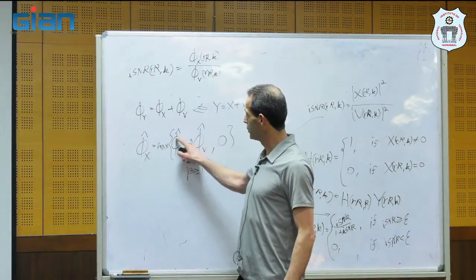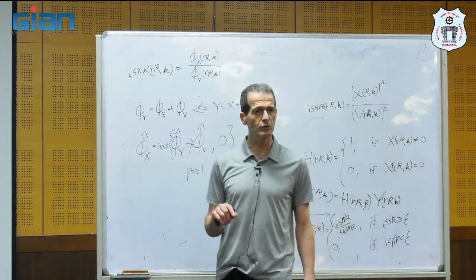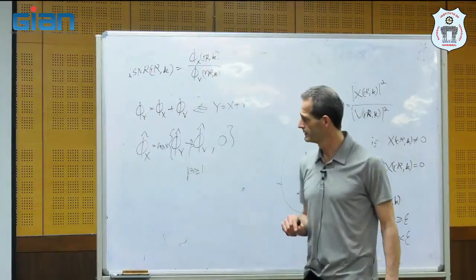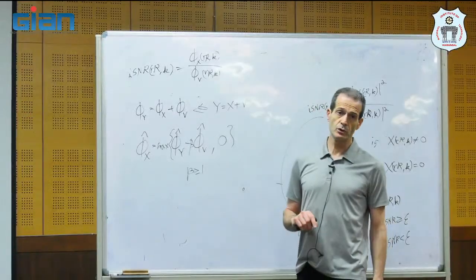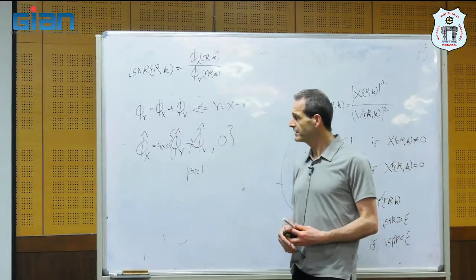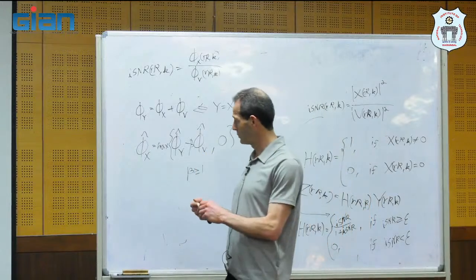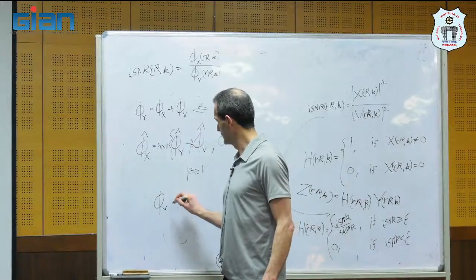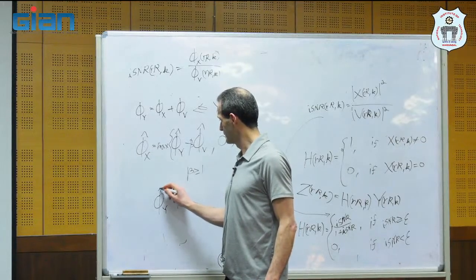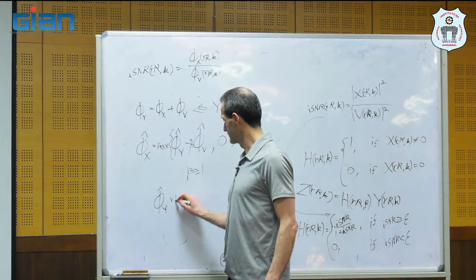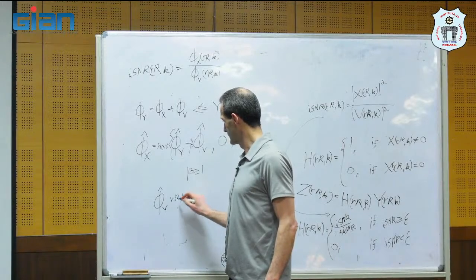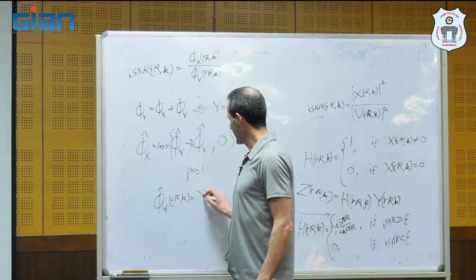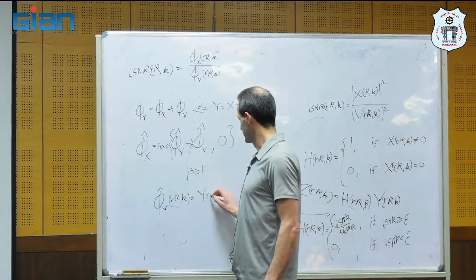By the way, phi y, how do I estimate phi y? Two ways. Either I can take it as magnitude squared.